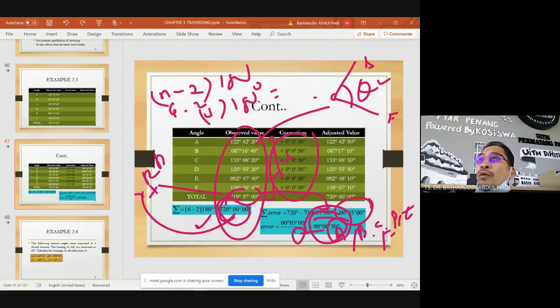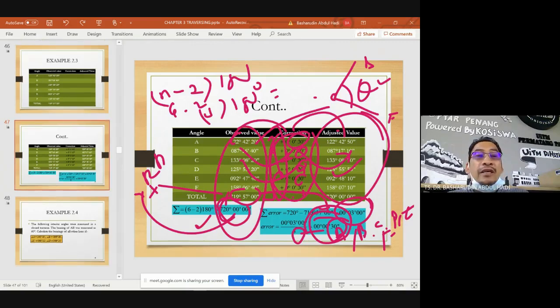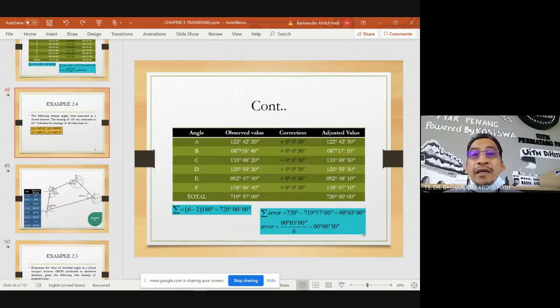To make sure it is stable, you must apply the new correction to every observed bearing. So plus 30 seconds, plus 30 seconds, plus 30 seconds, plus 30 seconds. When you add this one, you get this value. You add this one, you get this value. So this is the adjusted value we are doing in the office, not on site, because on site we cannot get the right example.